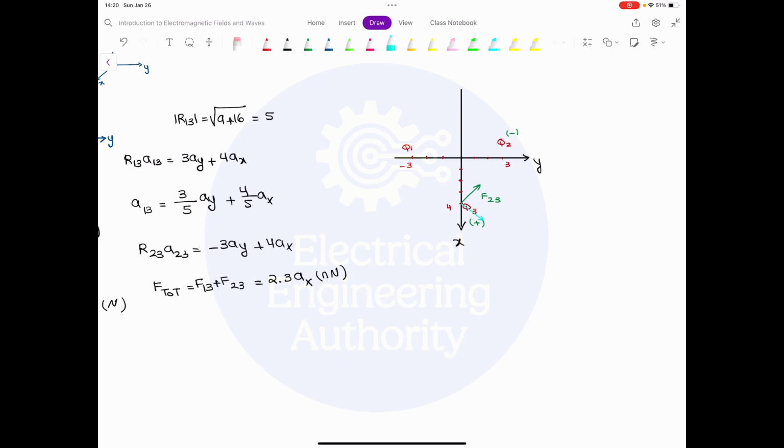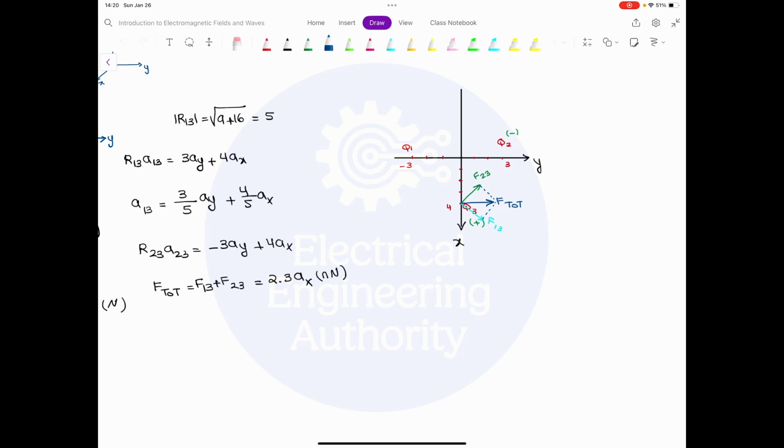So we have F13 this time. Now let me put this F23 up here. If I add these two vectors, what component am I going to get? I will just have the component of AY, right? So this time if I find these forces, I should only have the component AY.